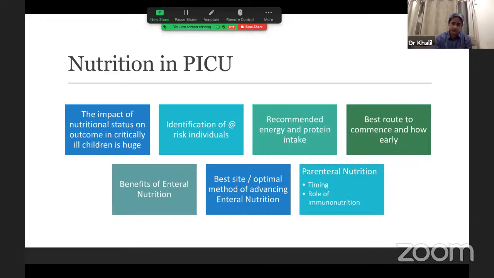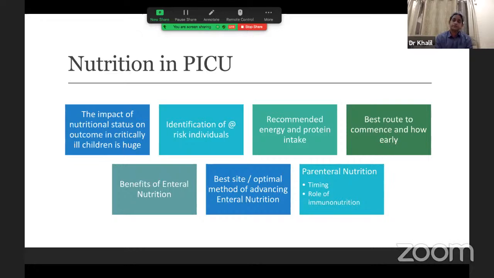And critically ill children are different from the usual healthy ones. So with regard to protein, you should ideally provide 1.5 gram per kg per day of protein to these children, and at least you should provide up to two-thirds of the energy requirement in the first 7 days of ICU stay.